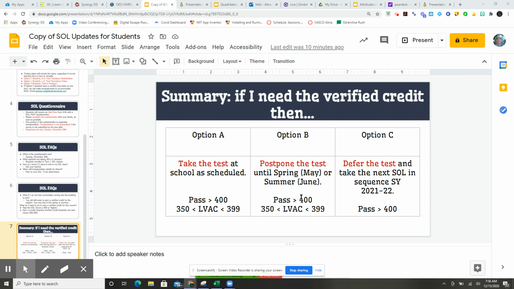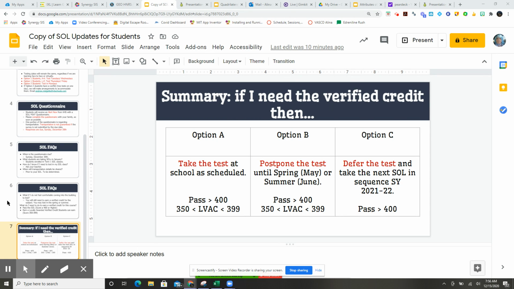You're going to take a survey, right? In that survey, it's going to ask you what you want to do. Do you want to take the test in January? Do you want to take the test in the spring in May, or in the summer, June or July? Or do you want to defer the test and take the Algebra 2 tests next year for math? Okay. All of these options are valid. There's no right, wrong, or better.